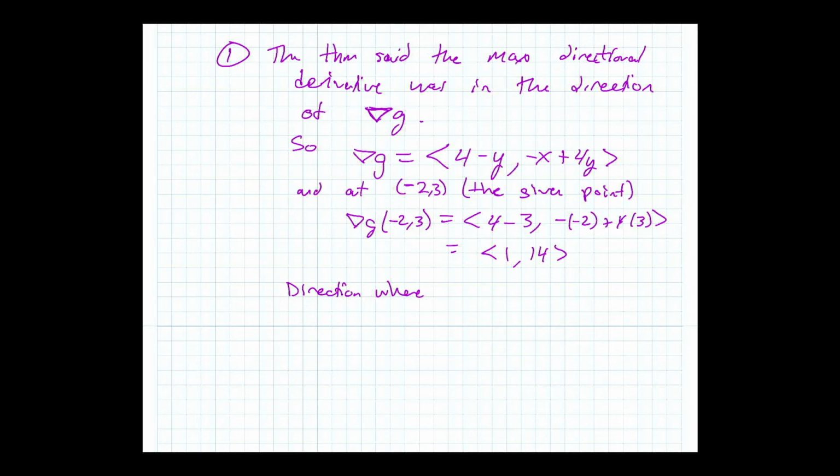Now, here's the thing. You get this gradient here. They probably want a unit vector in that direction. Let me just check this real quick in the book. They probably want a unit vector in that direction. They don't want you just to say in the direction of 1 comma 14.